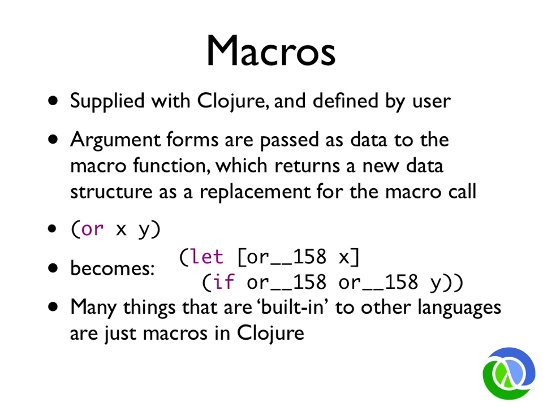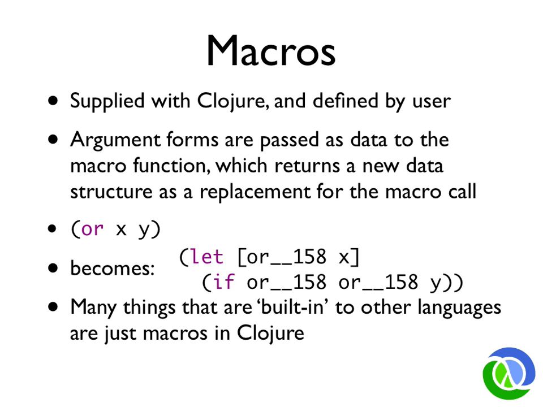Then if X had side effects, it would happen twice. Then we'd make this a not well-written macro. This is a well-written macro where it needs to use that expression twice, which means it's going to bind a temporary variable to the value, which means X only appears once here. So if it had a side effect, it would happen only once. If it took a long time, it would take a long time only once.